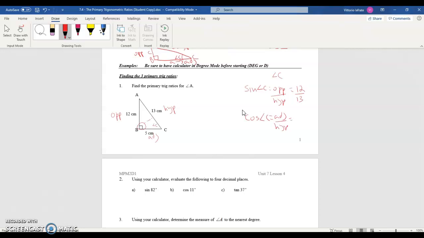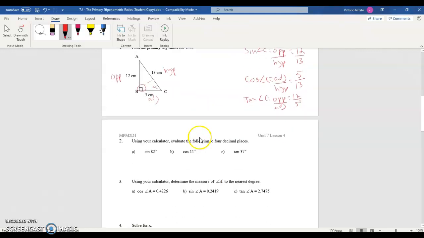Adjacent is 5, hypotenuse is 13, so 5 over 13. And lastly, if we want to do tan of angle C, tan is TOA, so opposite over adjacent, which would be 12 is the opposite, adjacent is 5, so 12 over 5. And so that would be our trig ratios for angle C.